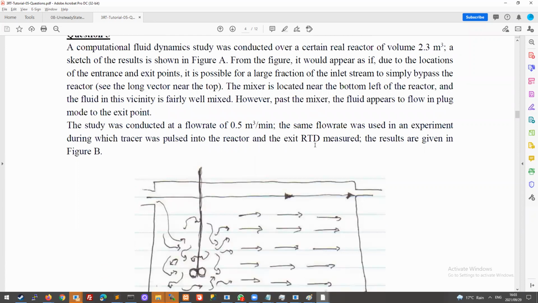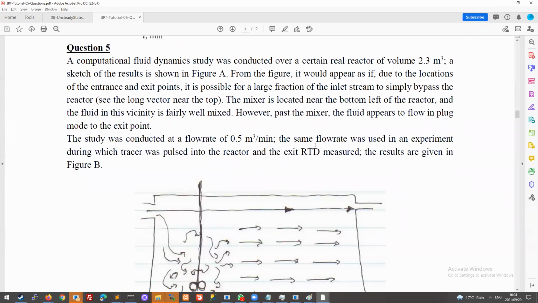And now we come to a kind of full-scale Chem-Eng type problem using RTD. So all those shorter problems were illustrating the different points of RTD and how you can use it.